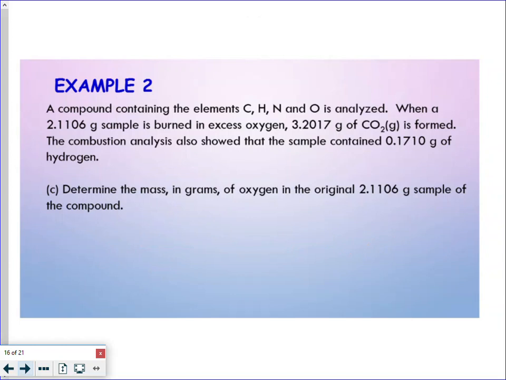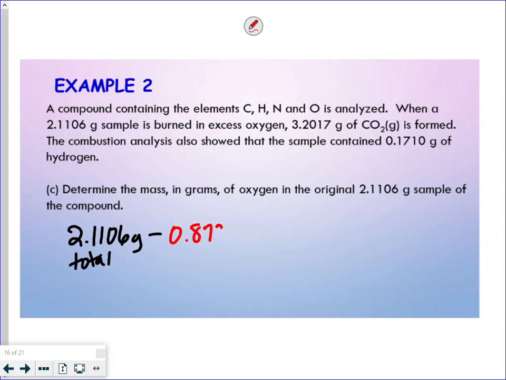So we're going to take our entire compound, 2.1106 grams. This is the total. We're going to subtract out our carbon first, 0.87372 grams. Let me put carbon by that so we know that's the carbon.